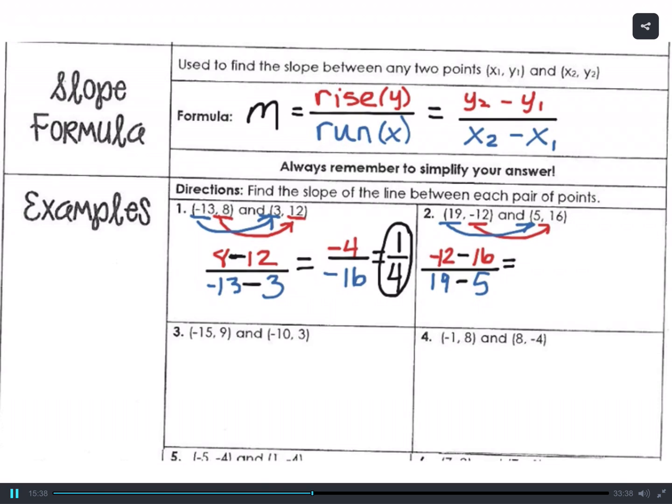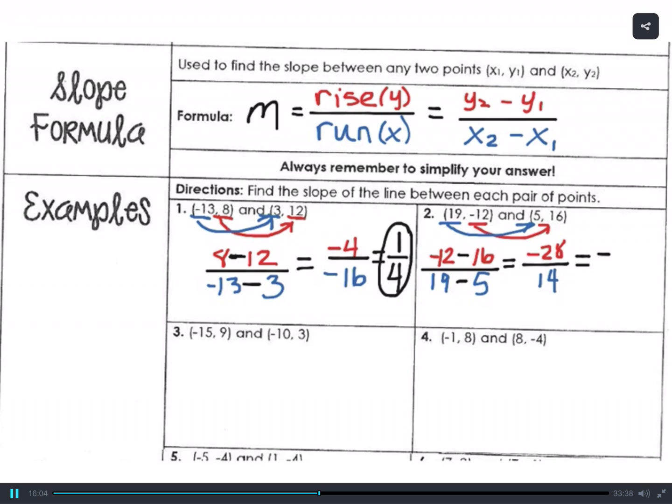And now let's reduce. On top, negative 12 minus 16 is going to be a negative 28. And 19 minus 5 will give me a 14. And my last step is going to be to reduce. Negative divided by a positive is going to be negative.